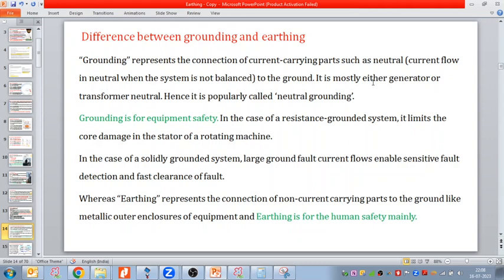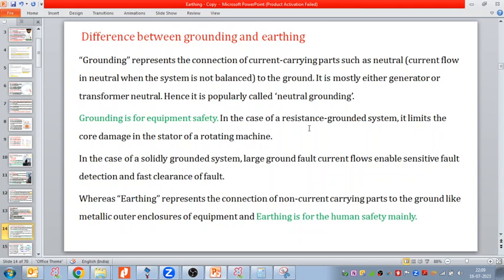It is mostly either generator or transformer neutral. Hence, it is popularly called neutral grounding. Because we connect neutral to the earth, but we say neutral grounding, we do not say neutral earthing. Most of the time we say neutral grounding, right? Because when we connect a current carrying part to the ground, we call it grounding, or neutral grounding. And grounding is for equipment safety.